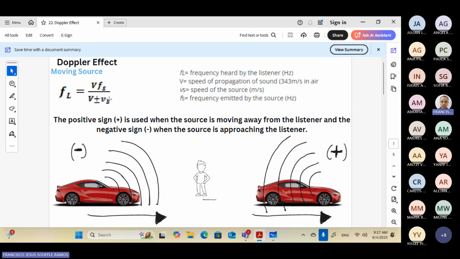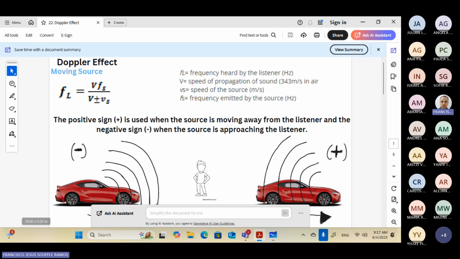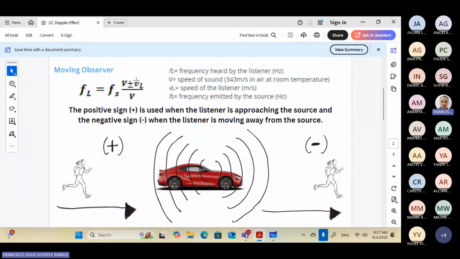Before, it was V sub S, the velocity of the source, because the object that was making the sound was moving. But now the listener is moving, so you need to know the velocity of this person moving, and you will plug the values right there.